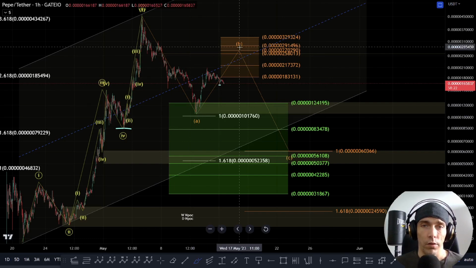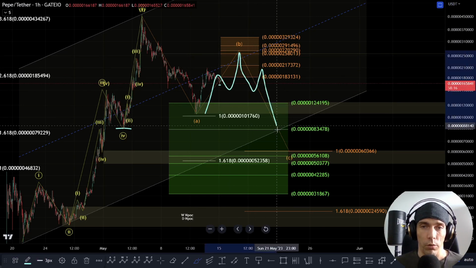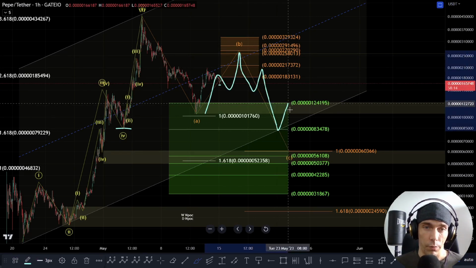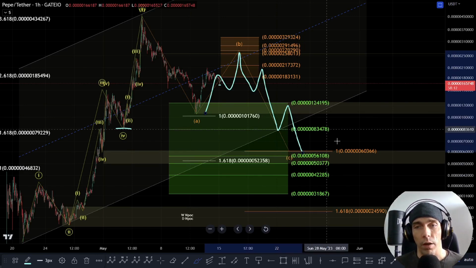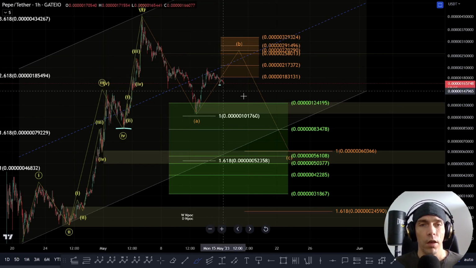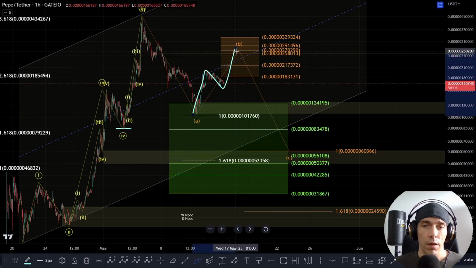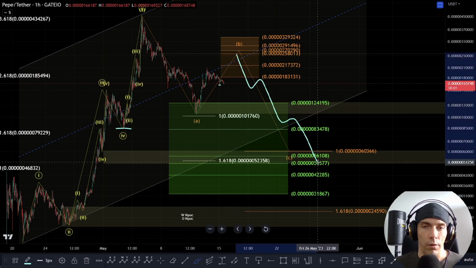So we'll have to keep an eye on this. This could potentially be something like, if we move up in 3 waves here, we might get something 1, 2, 3 into this zone. We get a 4th and then a 5th wave, which takes us down into some of these levels. So this is what I'm looking out for on the bigger picture here. Potentially we could just see this move develop as an A, B, and a C to the upside, and then we actually look to break down in a 5-wave move.